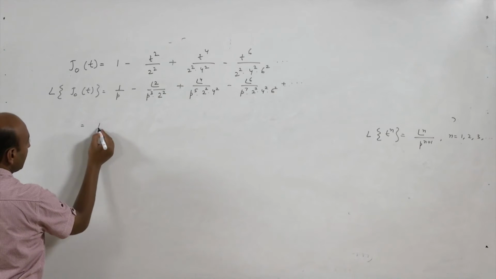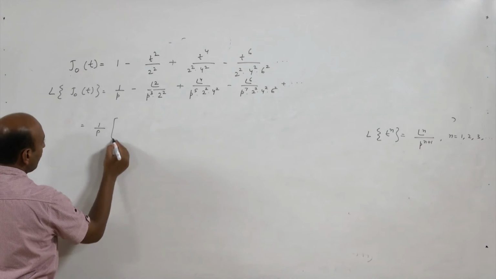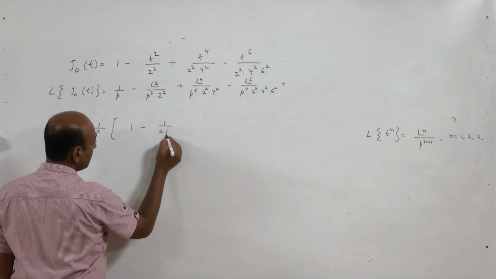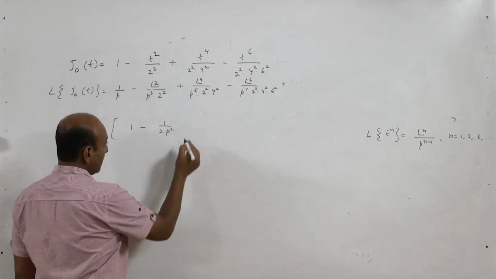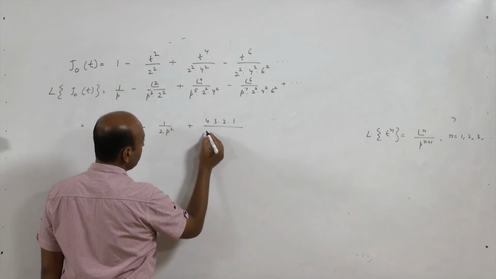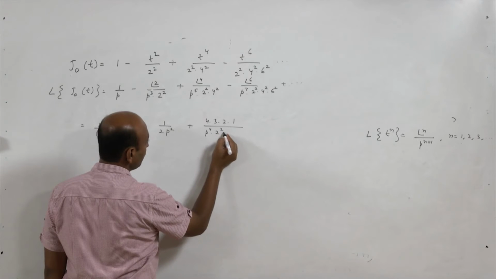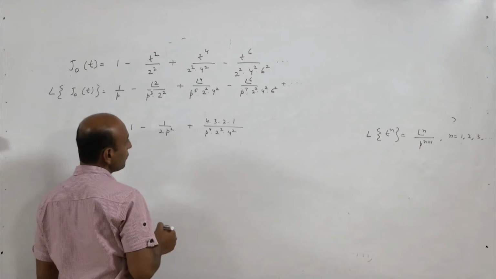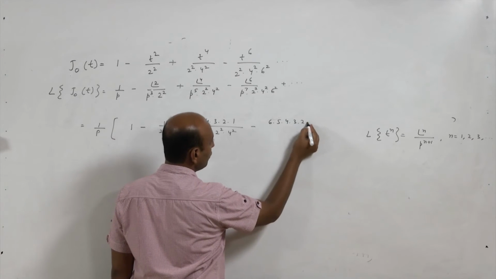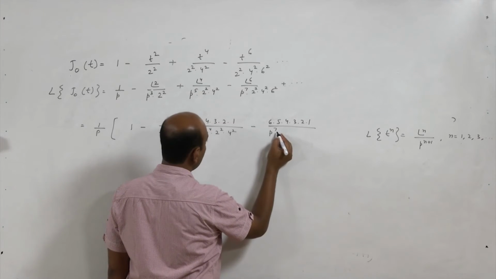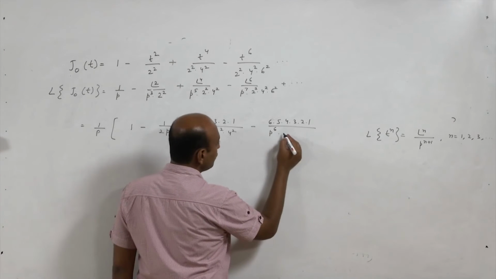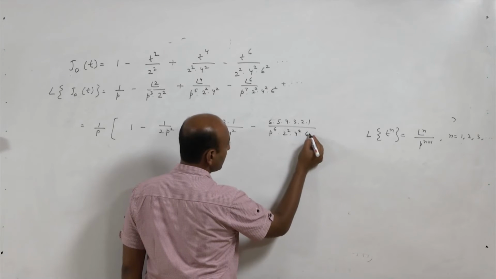So, it is nothing but 1 by p, take 1 by p common. So, it is 1 minus, 1 2 cancels out, so it is 1 by 2 p square, then it is nothing but 4 into 3 into 2 into 1 upon p to the power 4 into 2 square into 4 square, minus 6 into 5 into 4 into 3 into 2 into 1 upon p to the power 6, because 1 by p is common, and it is 2 square, 4 square and 6 square and so on.